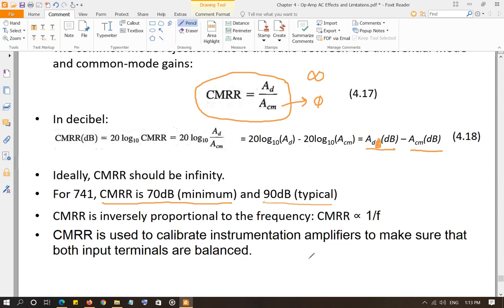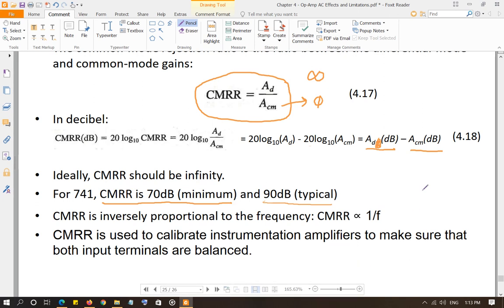That is, it produces an output proportional to the difference of the inputs. And if the difference is 0, then the output should be 0. But if it is not, then we have to balance that. We have to calibrate that. So CMRR is the figure we take if we are making an instrumentation amplifier and we have to calibrate it.